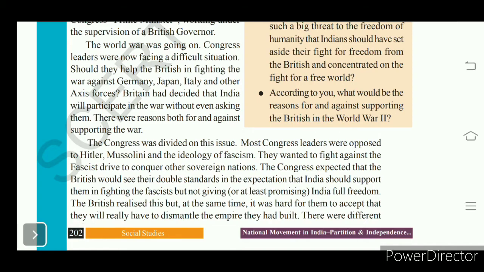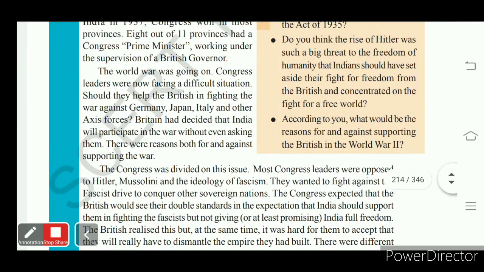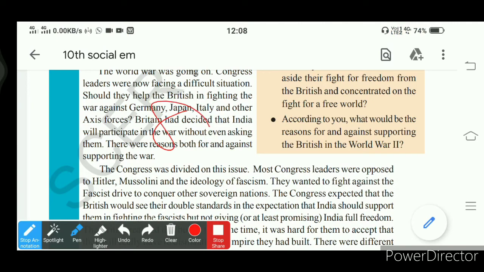Congress had formed the government in 8 provinces. How many? 8 provinces. Before declaring that India would take part in the Second World War, Britishers would have to consult Indians, that is the Congress ministers. They did not consult.